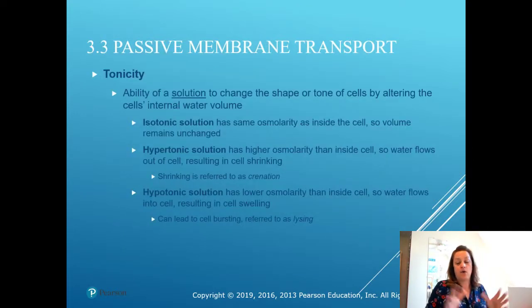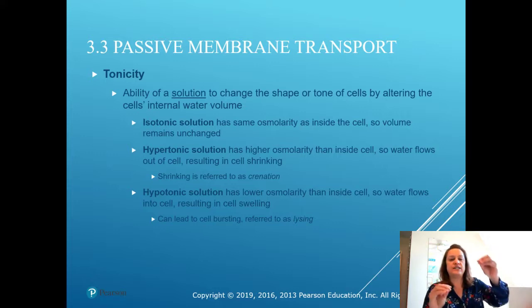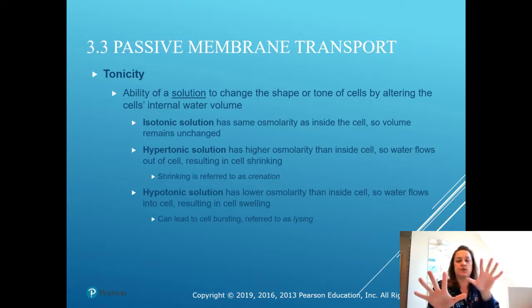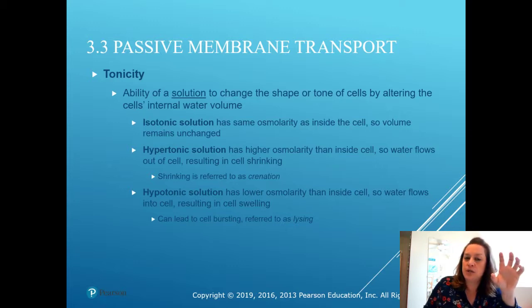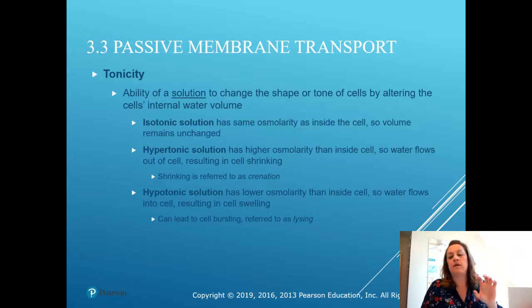When we're talking about reaching that equilibrium and changes in concentration on both sides, there are different terms called tonicity. When something is isotonic, it means what's on the left is equal to what's on the right. When we have something that's hypertonic, it means that there is more solute than on the other side. Hypotonic means less.